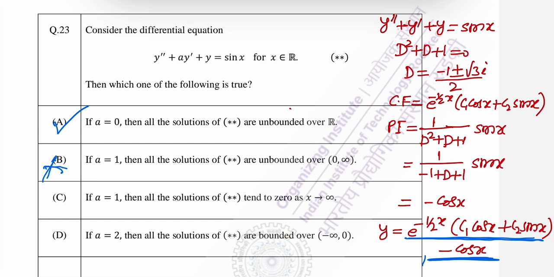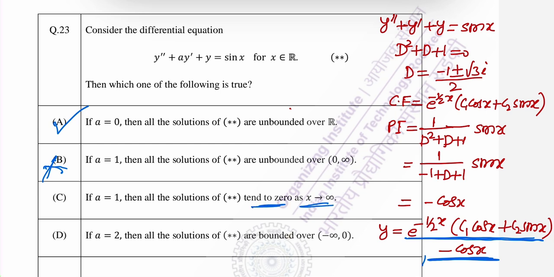Now for option C, you see a is the same, a equals to 1. We will make this option C correct or incorrect on the basis of this solution you see on the screen. Here it says that as x tends to infinity, the solution goes to 0.